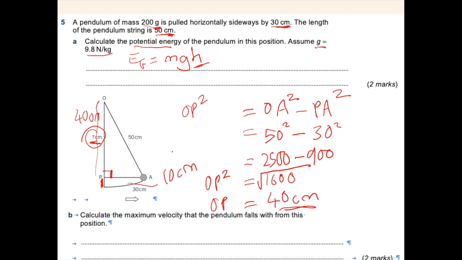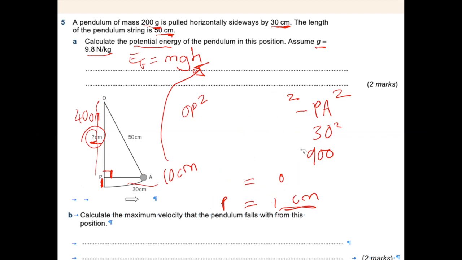And that's the height we're going to use to put into this equation here. Okay, 10 centimeters. All right, so let's do that stage now then. I've got to say this is an awful lot of work for 2 marks.